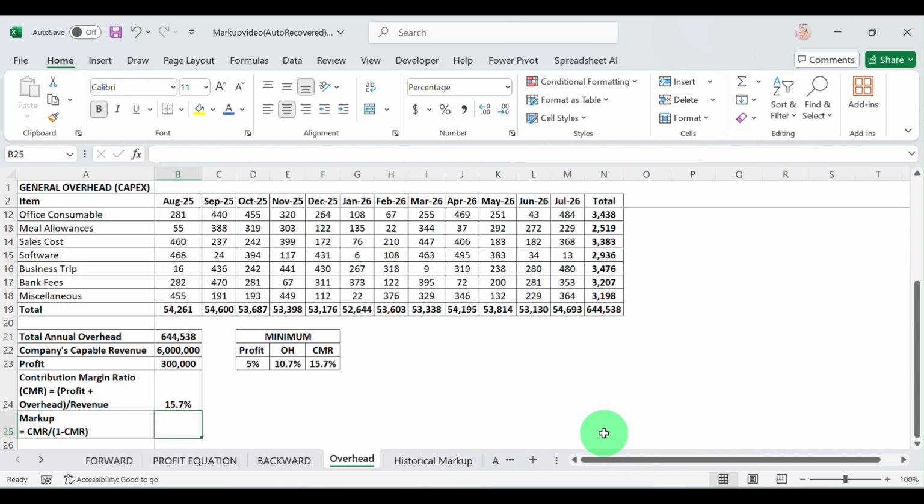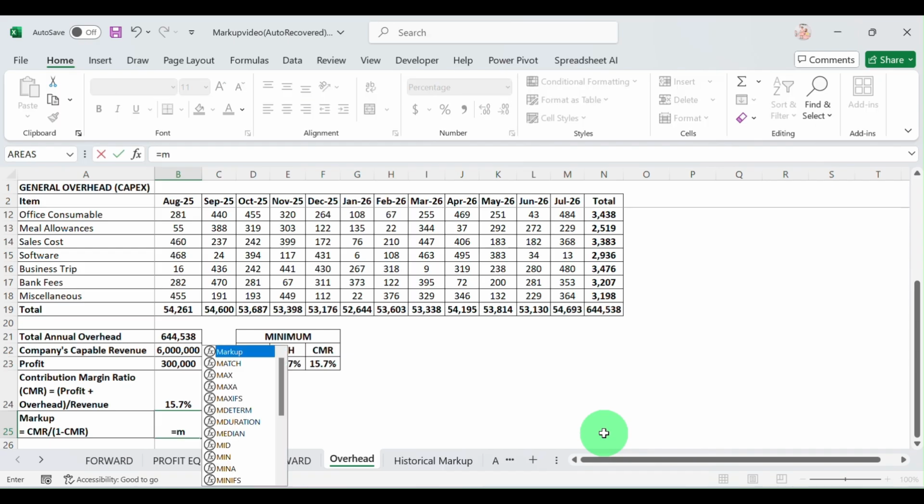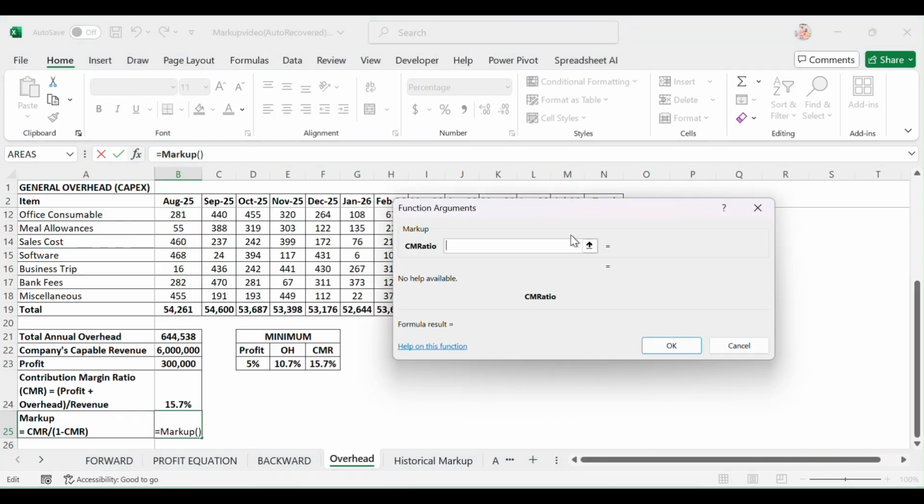Please remember, I repeat it many times, that contribution margin ratio is not equal to the markup. So in here, I have already made a formula for markup. We put markup here, and click the function, and now this time the CM ratio. You see the formula here.